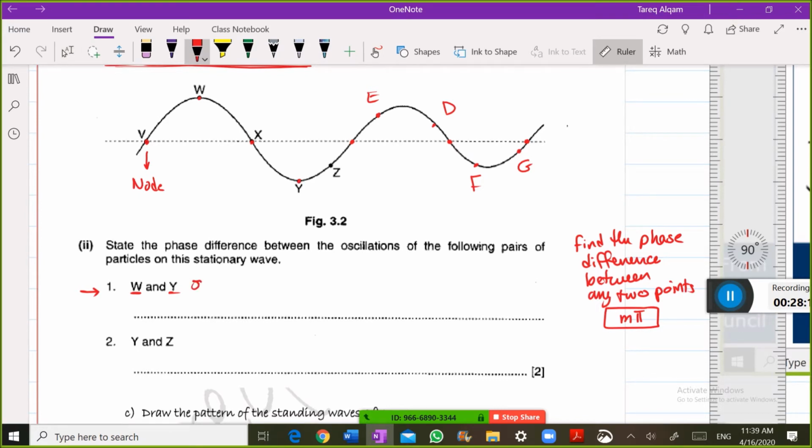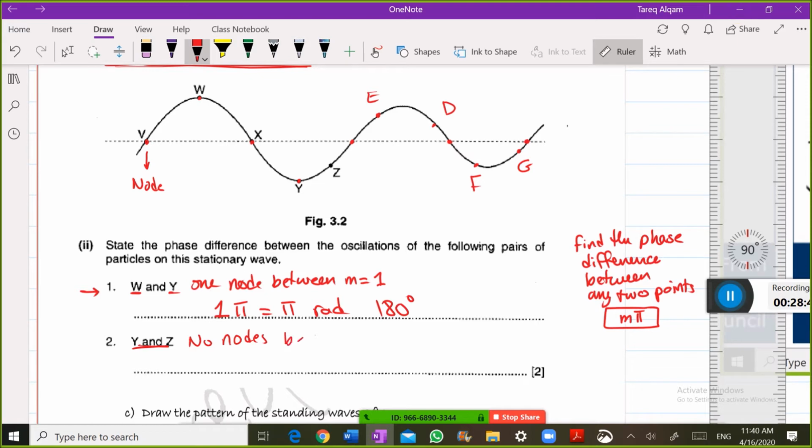So M equals 1. If I want to find this phase difference, it's 1 pi, which is pi rad, or 180 degrees. If I consider Y and Z, guys, there are no nodes between them, so M equals 0.